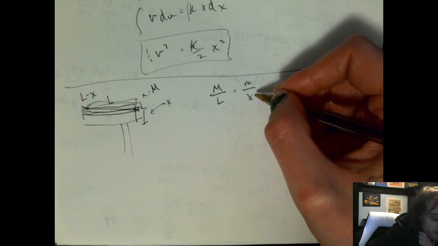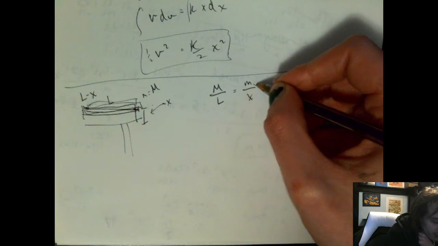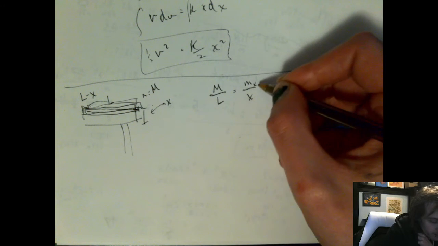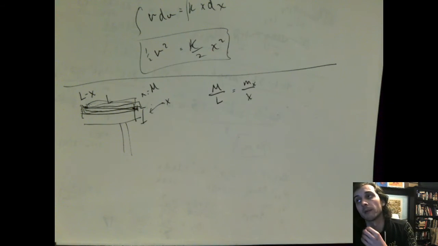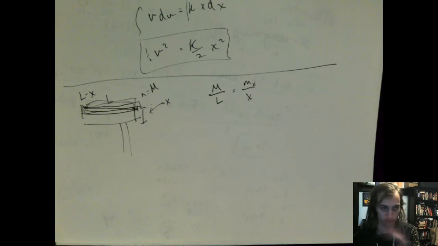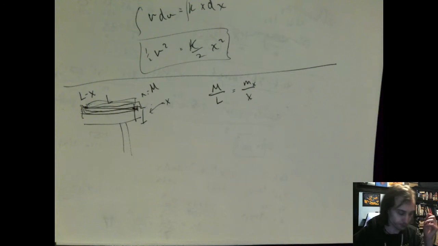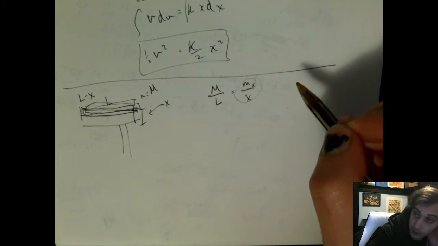So if I want to find the mass of the section hanging off the table, it'll equal the same ratio, as long as that chain is uniform, like there's not half of the chain thicker than the other half. This will be that same ratio.